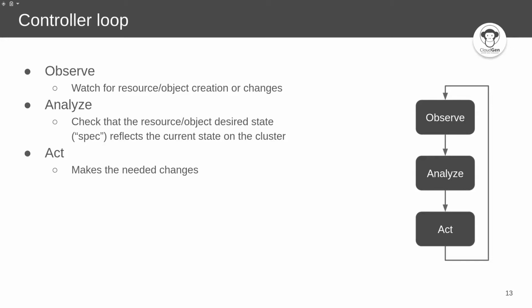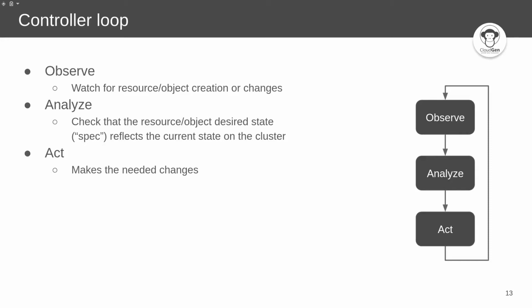When something happens after the observation of the resource, the corresponding controller analyzes and checks whether what you describe in your spec is actually what is running on the Kubernetes cluster, reflecting the current state of the cluster. If that's okay, there are no actions to take.